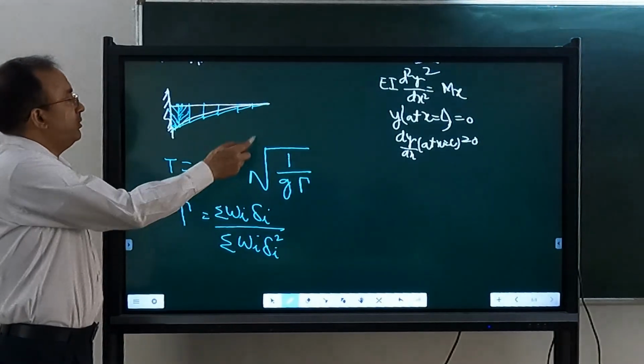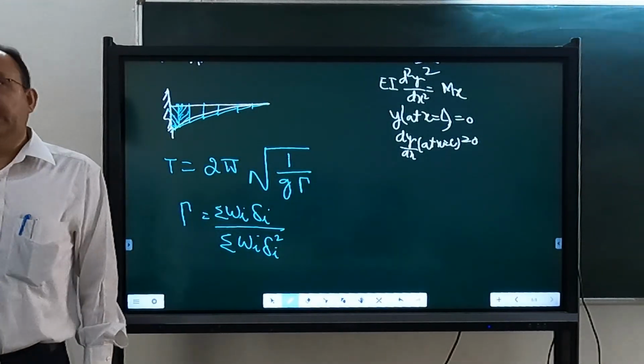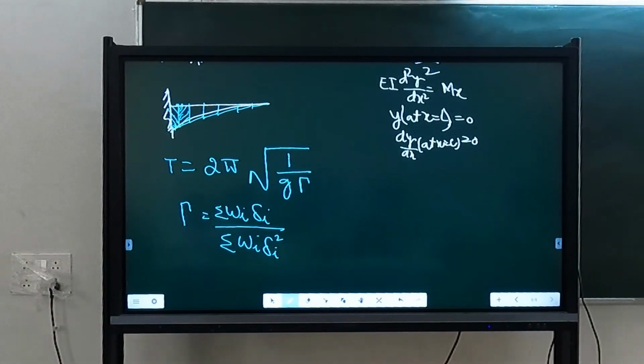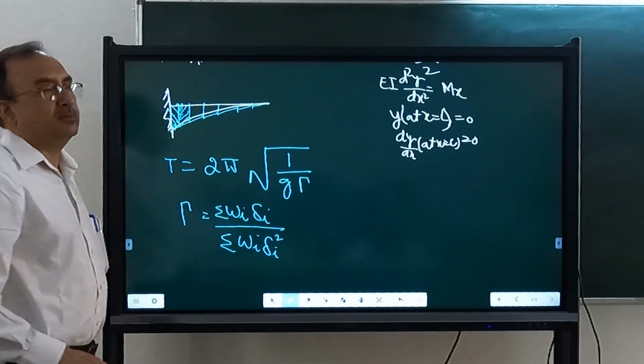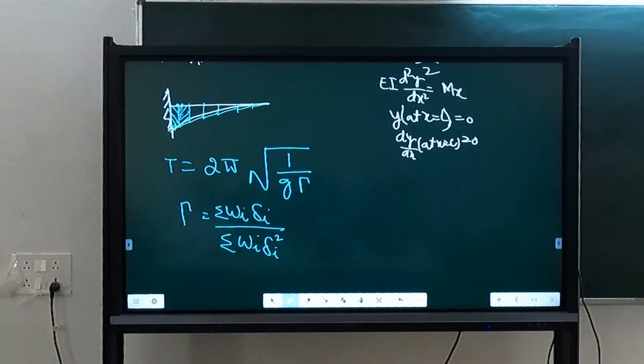So this is 2π square root of δ/G. And I have already given you the derivation of T equal to 2π square root of δ/G. So the δ of a single degree of freedom system is the inverse of the mode participation factor.